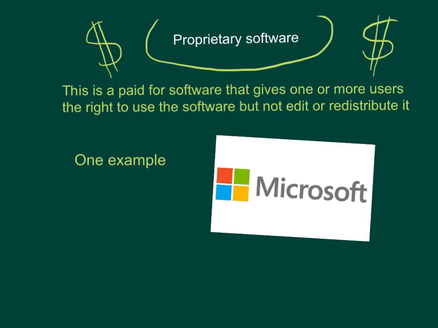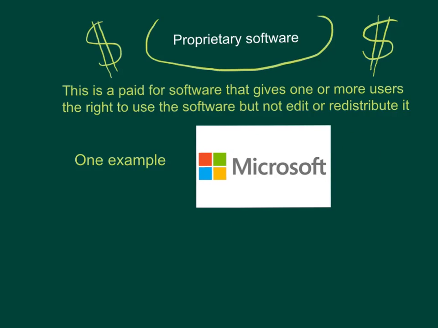Often this software provided by Microsoft is already loaded on a Windows computer, the price of which is included in the price of the computer. Sometimes you may have to purchase it separately.